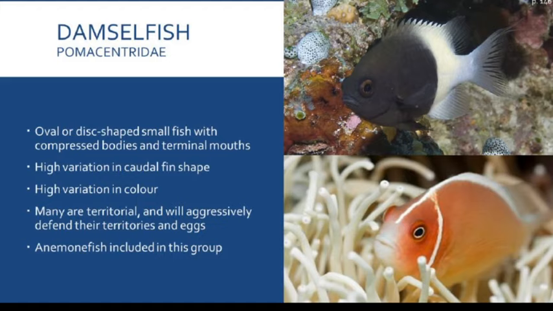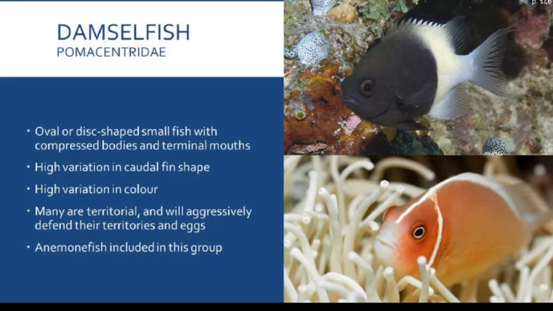Now, these guys have quite a huge variation in the shape of the caudal fin. So for this instance, you probably wouldn't want to look at the shape of the caudal fin just because there is so much variation. There's not really a typical damselfish tail shape, okay? There's also a lot of variation in color, in terms of different species.